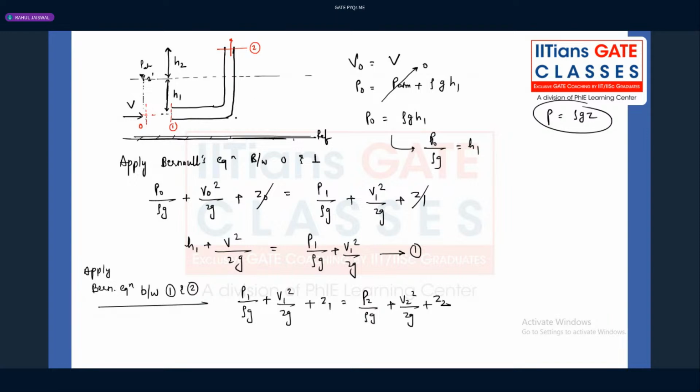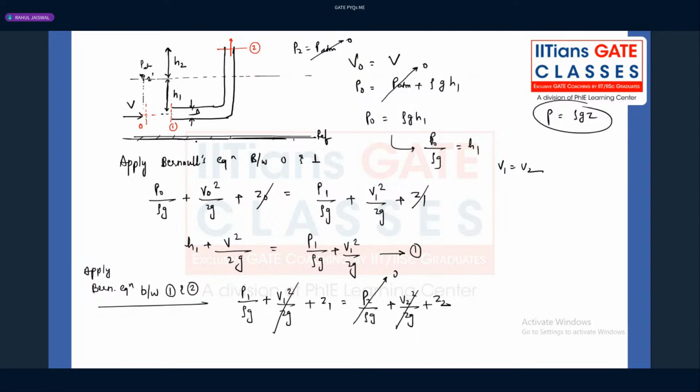Again, understand, what is the value of P2? P-atm. And again, we are considering it to be 0, for example. You can take it also, no need to worry, it will cancel out. And what are V1 and V2? It's a constant diameter pipe D. So V1 is equal to V2, so this will also cancel out.